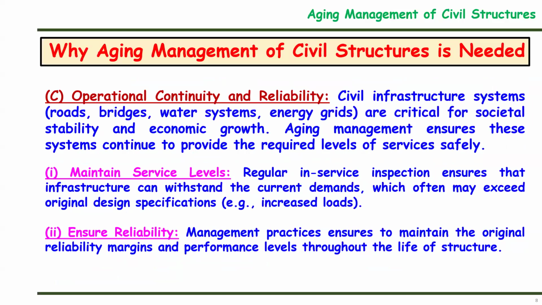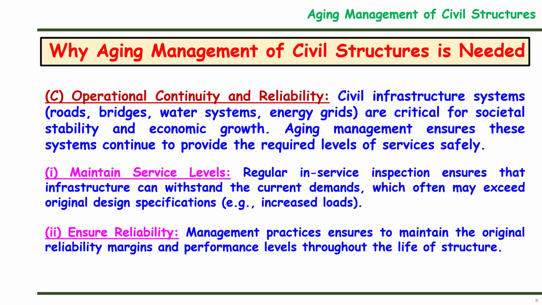Third reason is operational continuity and reliability. Some civil infrastructure systems like roads, bridges, water systems, and energy grids are critical for societal stability and economic growth. Aging management ensures that these systems continue to provide the required level of services safely.